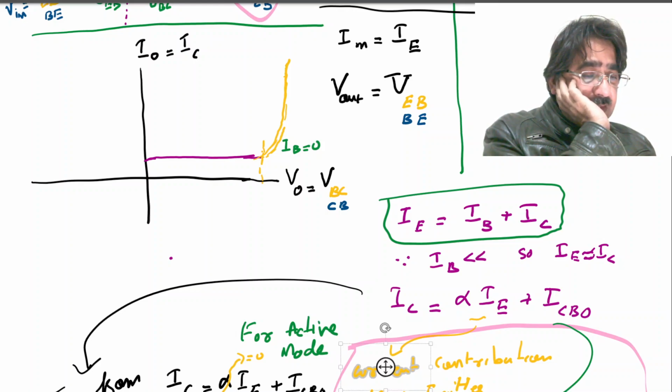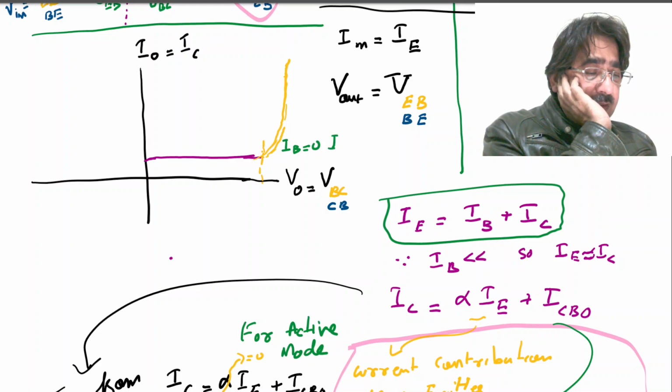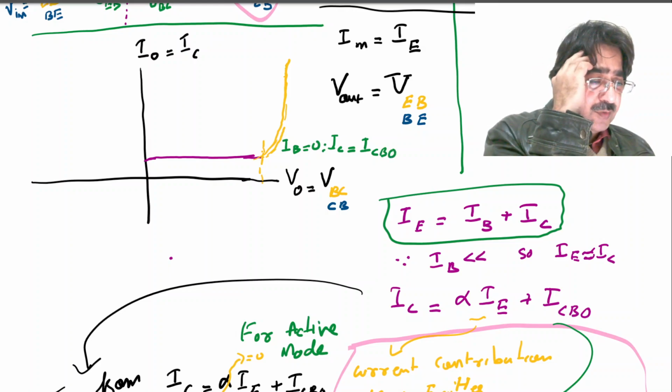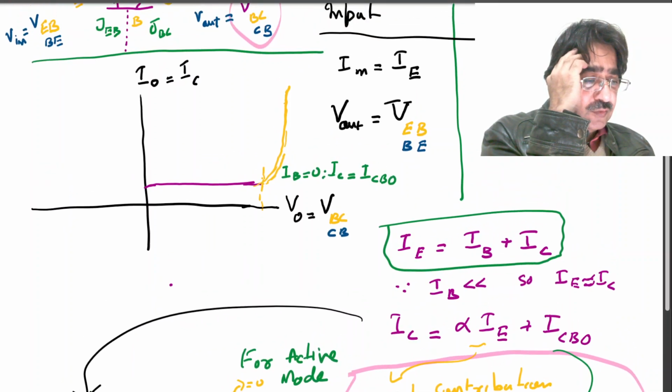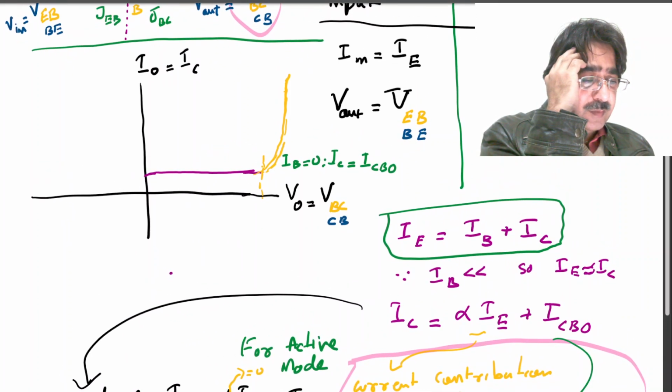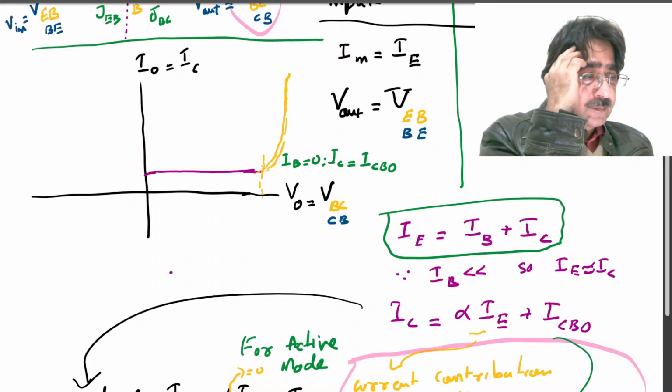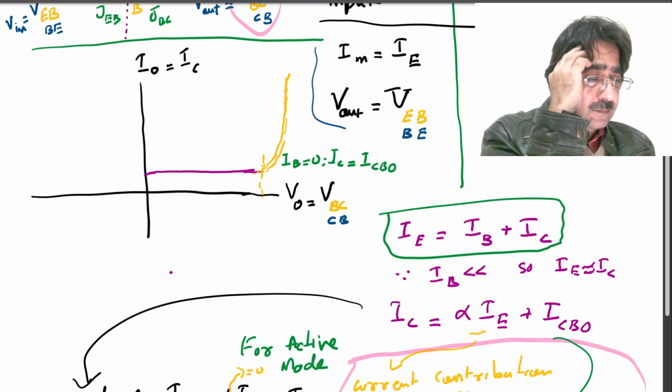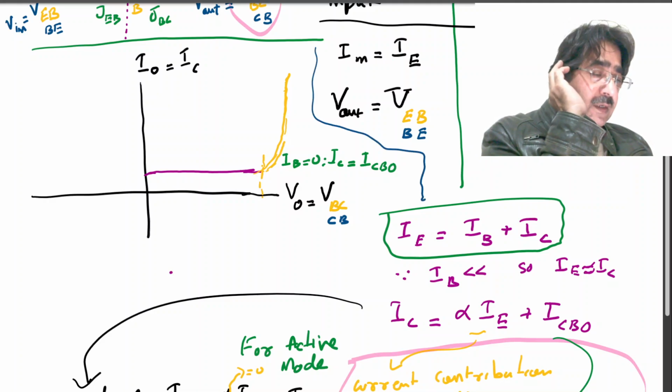And IC will be equal to ICBO, the common base output current.